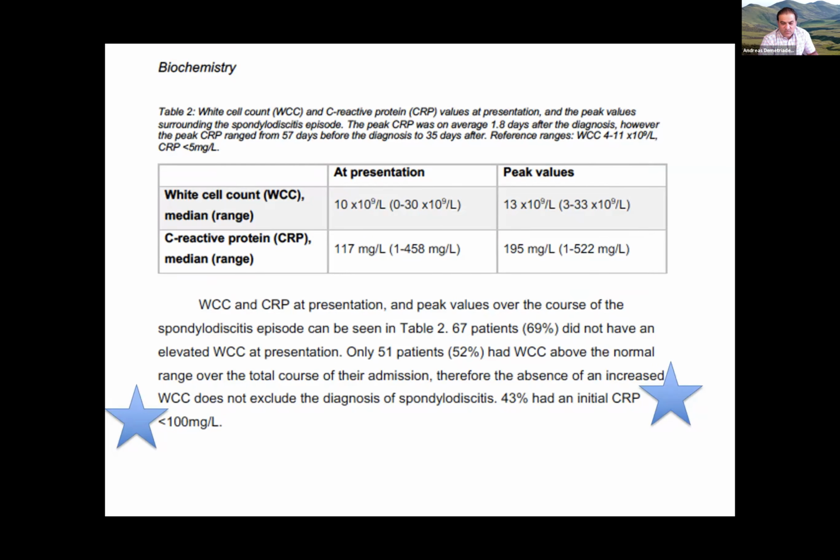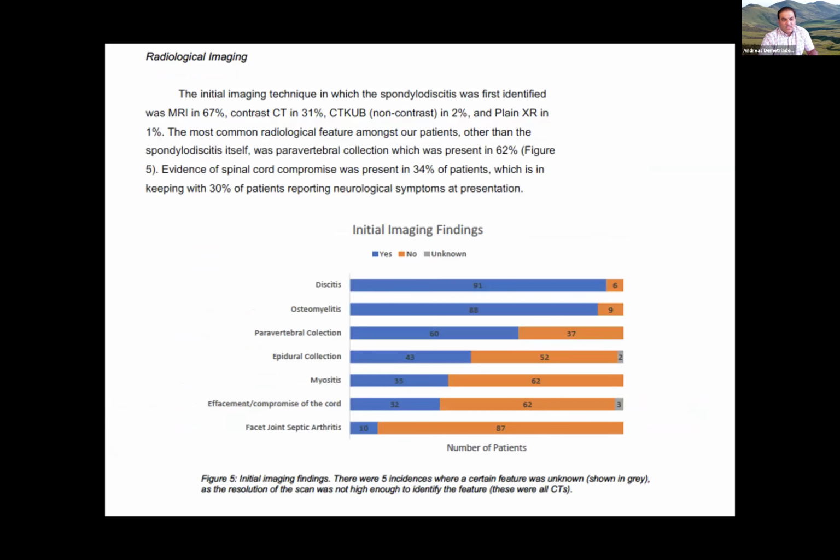Remember, this MRI was done, but I imagine there may have been some resistance given the normal white cell count. So clearly the investigation of choice is an MRI, and initial findings, you can see in the bottom figure that discitis can come with other radiological features such as osteomyelitis, small paravertebral collections, small epidural collections, or large.